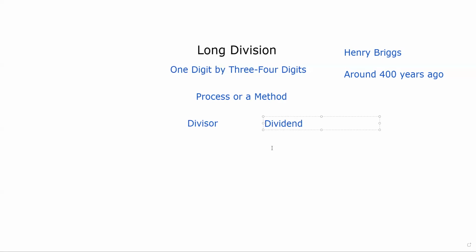What happens between these two numbers is that the division process allows us to have something called the quotient. So the whole idea of division is that we need to find the quotient.